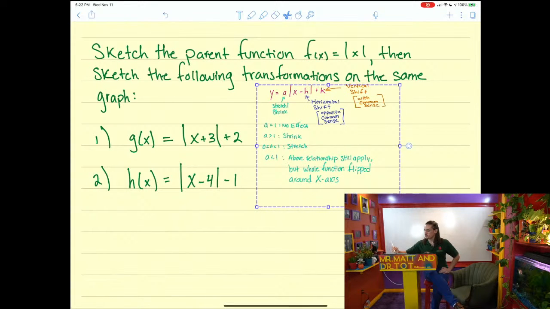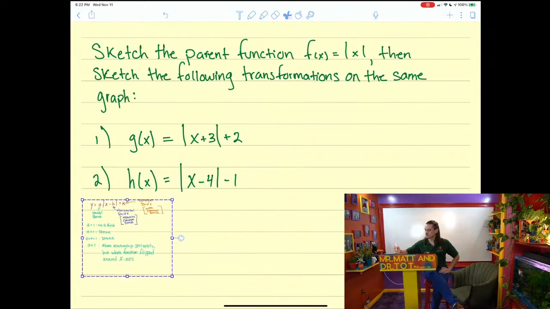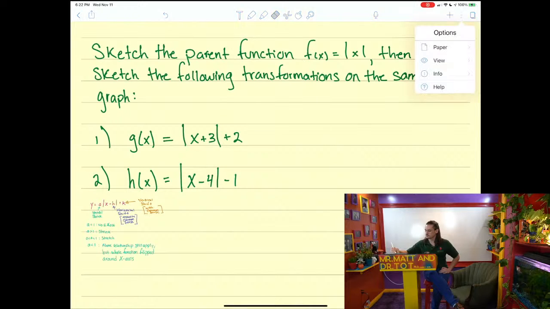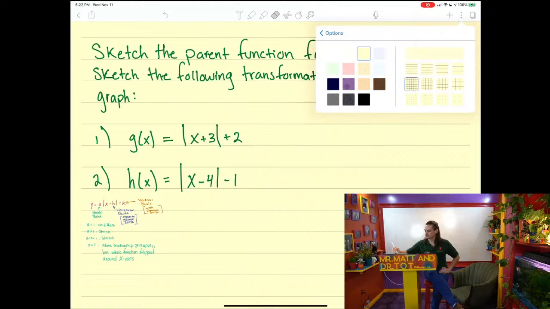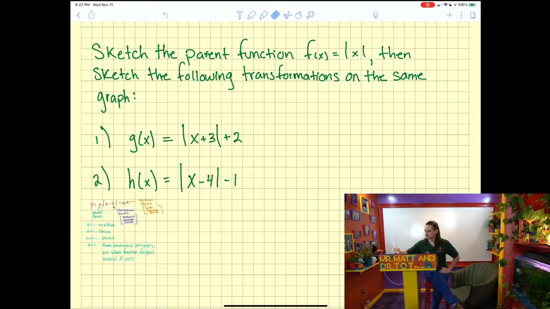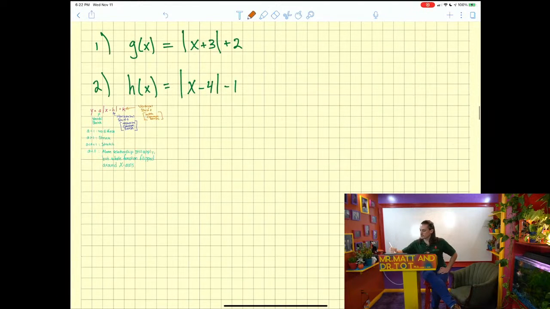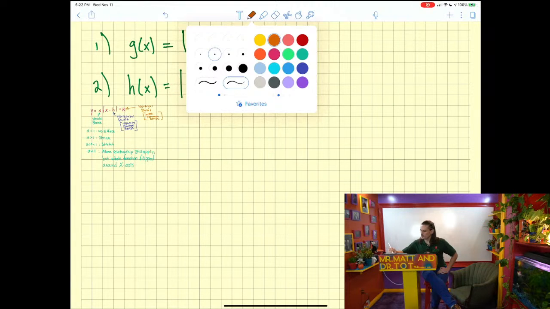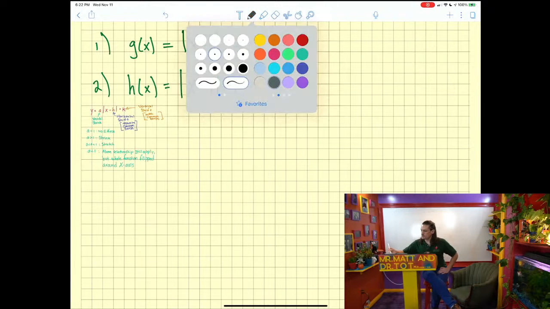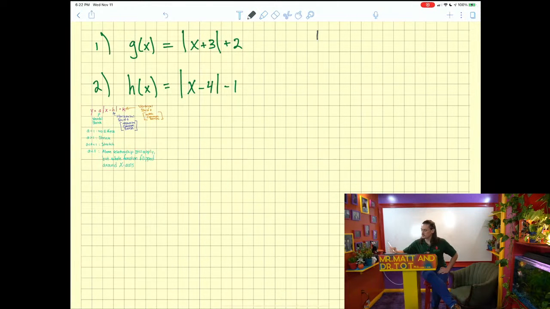Okay, so if we plot this guy out, the absolute value, the parent function, would look like this.